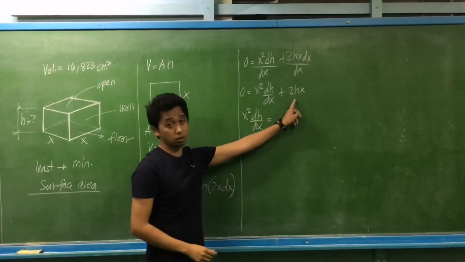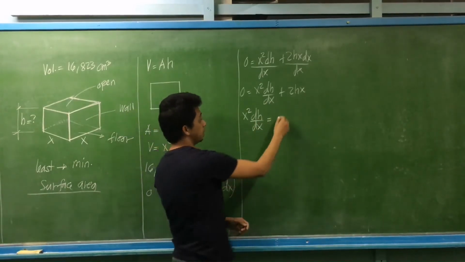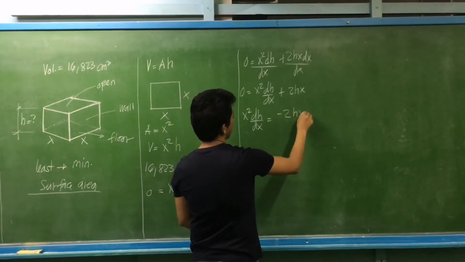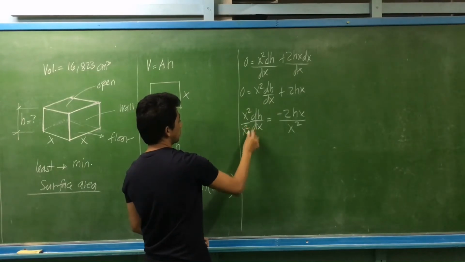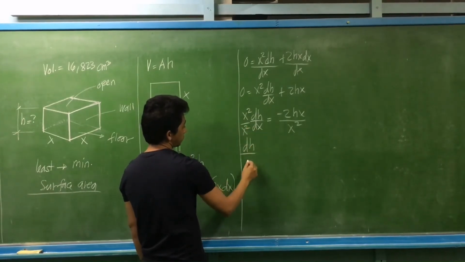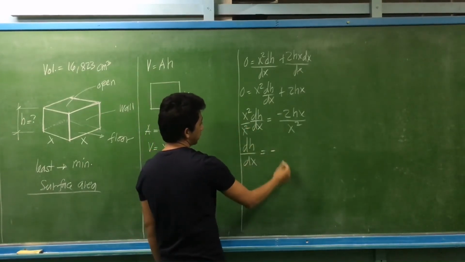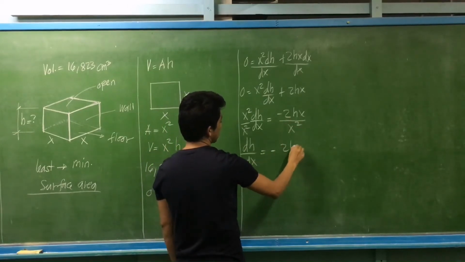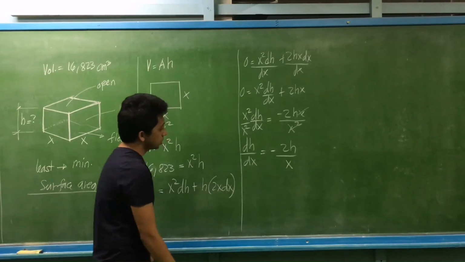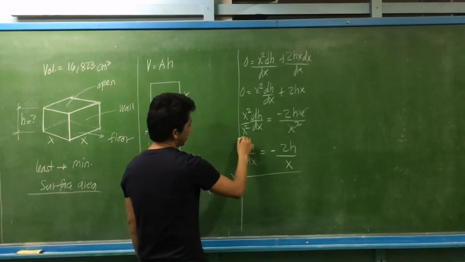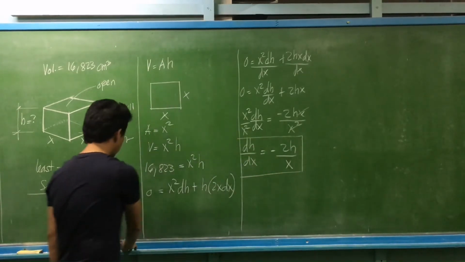When I transpose this, that will be negative. So negative 2hx divided by x squared. So the equivalent of dh over dx is now equal to negative 2h over x, canceling one x divided by x. So this is the equivalent of dh over dx from the first equation.